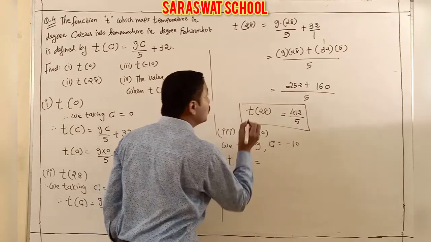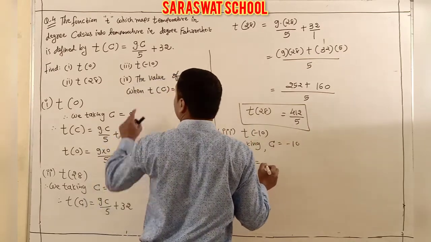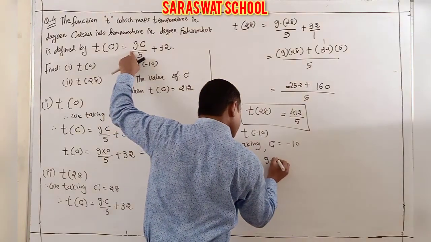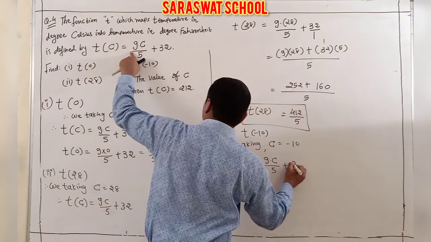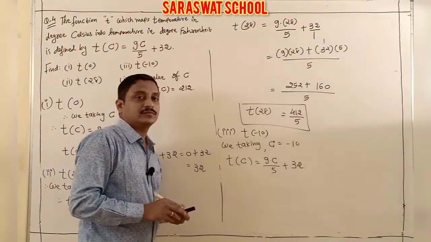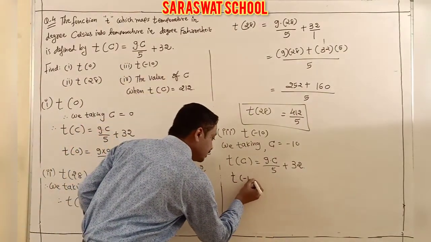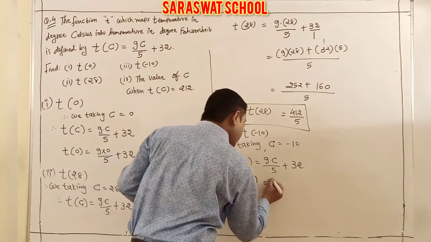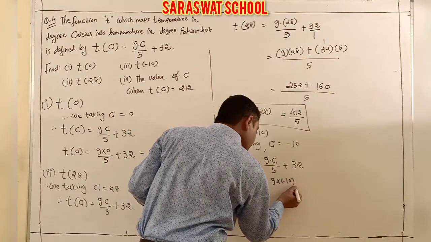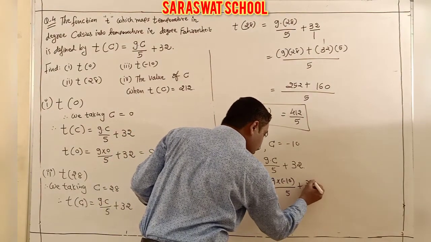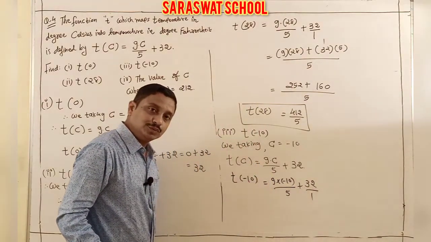T of C equals 9C upon 5 plus 32. Apply the value: T of minus 10 is 9 times minus 10 by 5 plus 32.